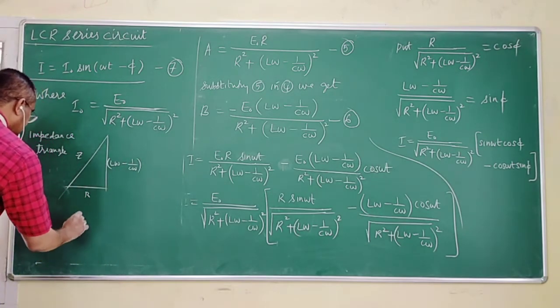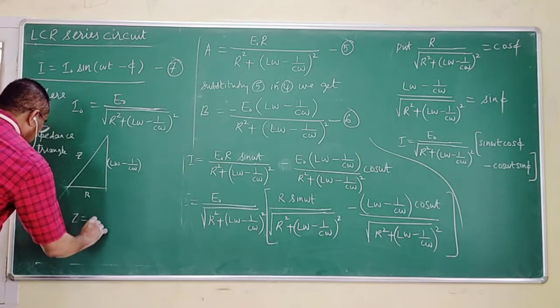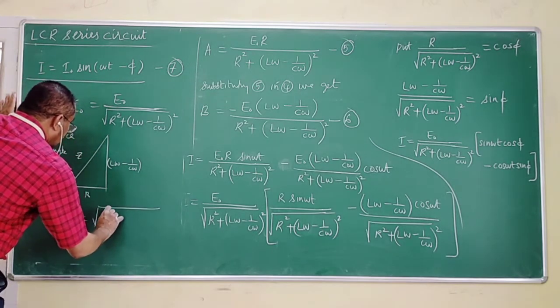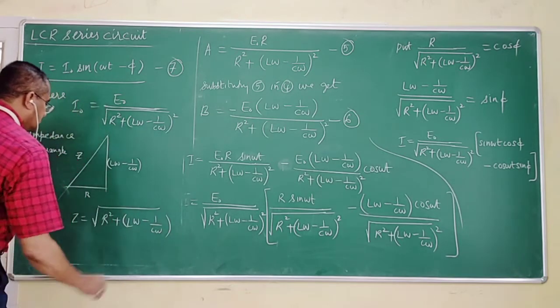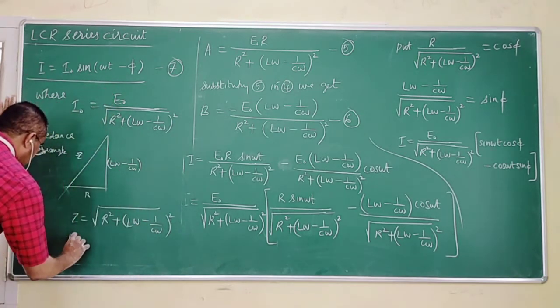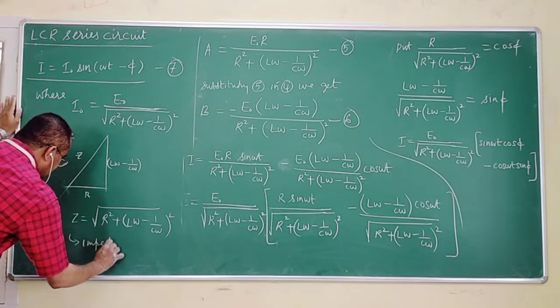So this factor, under root of R square plus L omega minus 1 by C omega square, I call it impedance.